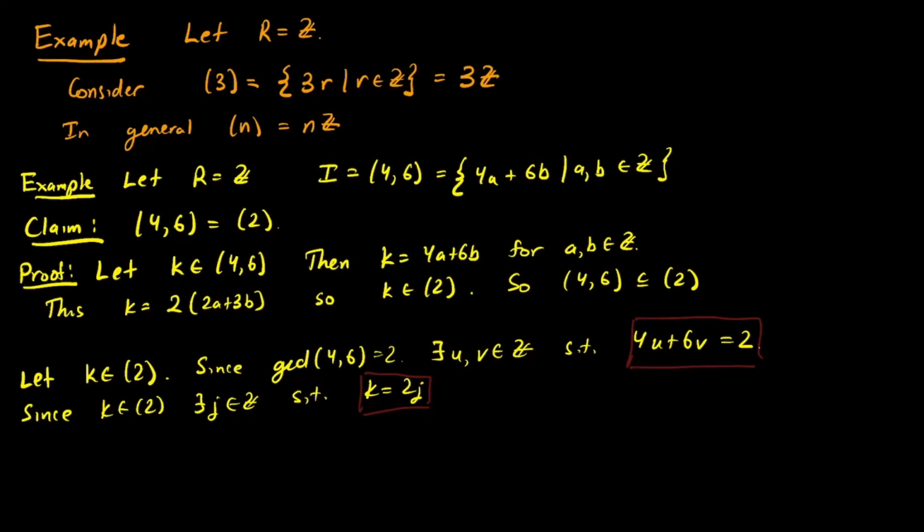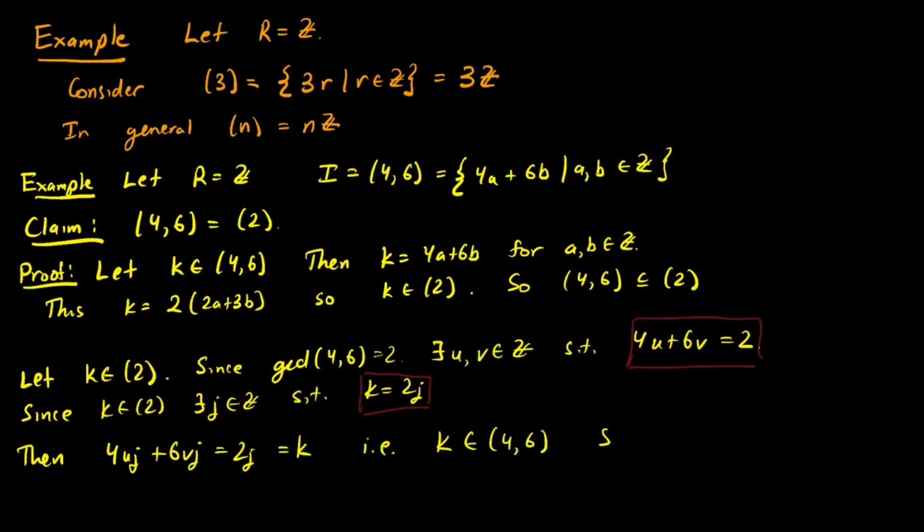I'm going to look at this equation up here, 4u plus 6v is equal to 2, and multiply both sides by j. Then 4uj plus 6vj is equal to 2j, which is equal to k. In other words, k is an element of the ideal generated by 4 and 6.